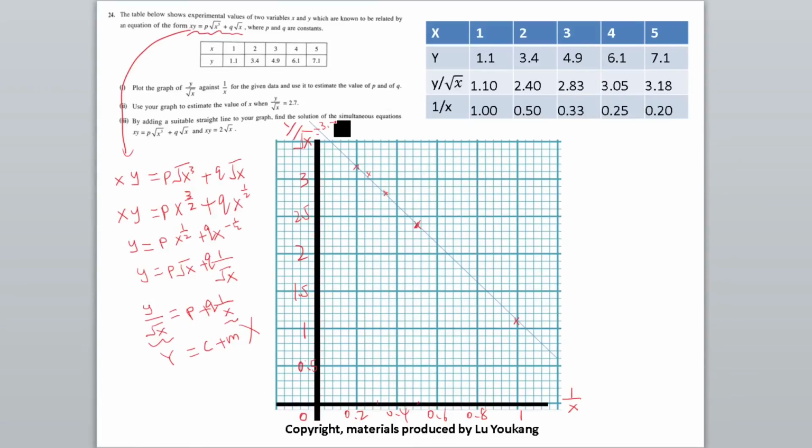My y-intercept should be about 3.7, and that should be the value of our p. But before that, let me darken this line, and please do not forget to label your line. The line is y over square root x equals p plus q times 1 over x.